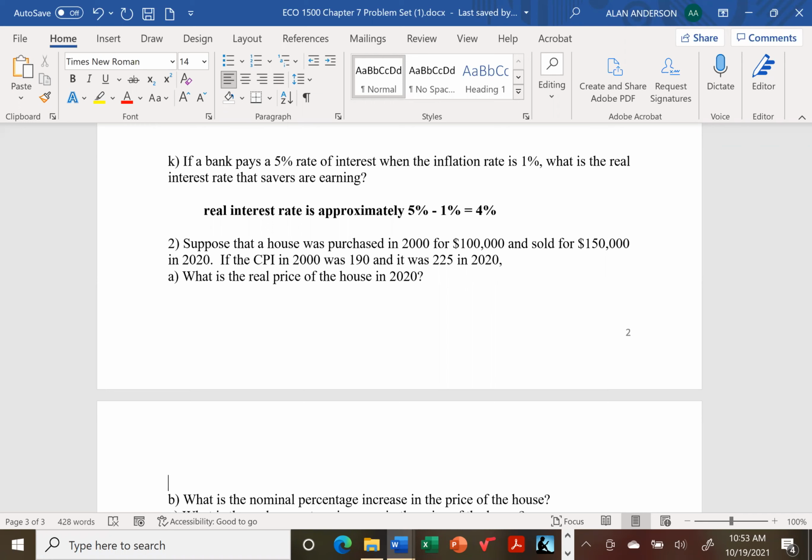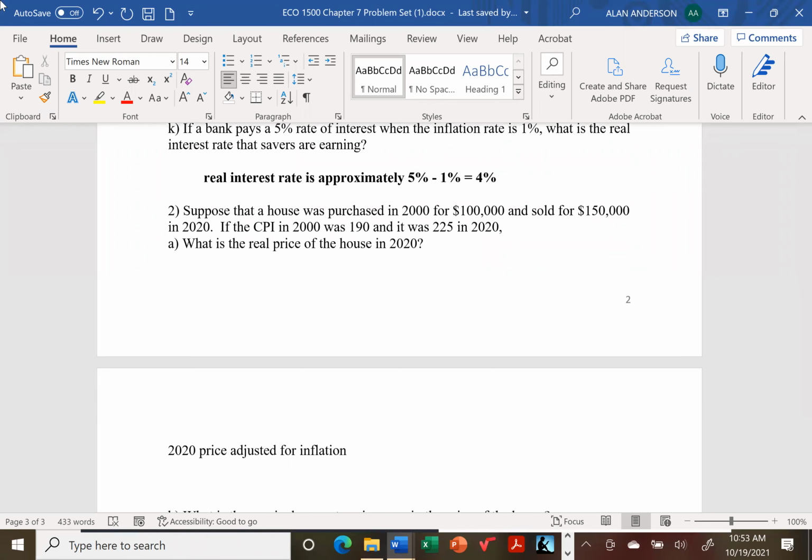What we could do is convert the nominal price in 2020 — what you can do is say, well, listen, what is the 2020 price adjusted for inflation compared with 2000? So we're basically going to pretend that 2000 is the base year.